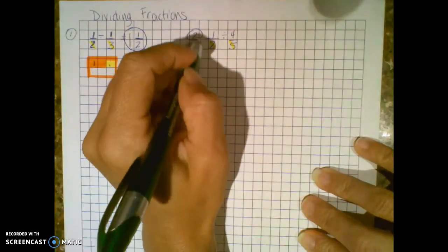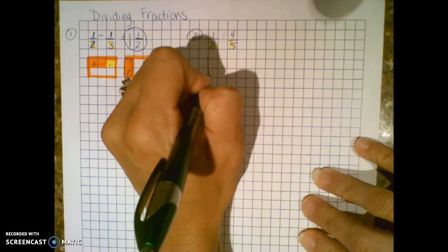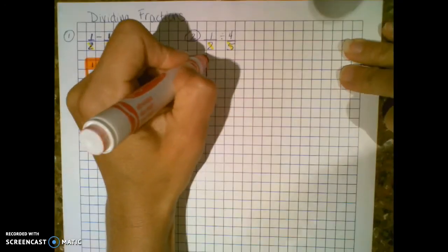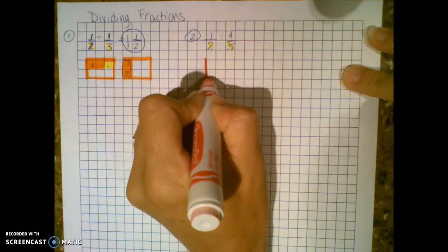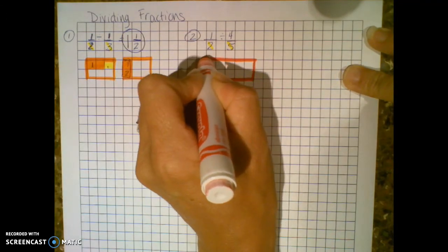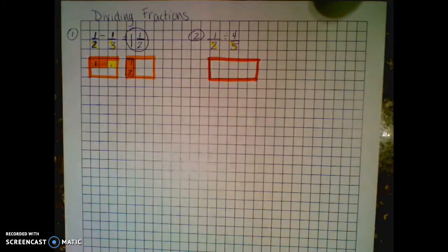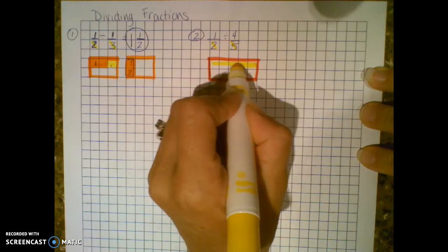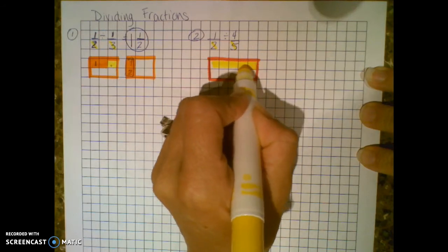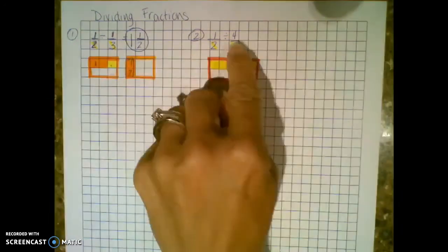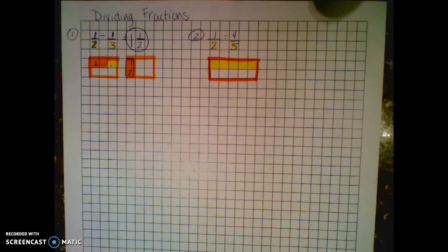So here I have a model that's going to be 2 by 5. And I'm looking at only 1/2 of it. That's what I have. And I want to know how many times does 4/5 go into that? Well, I need to know what 4/5 is.